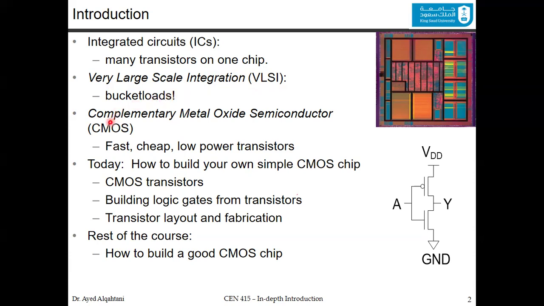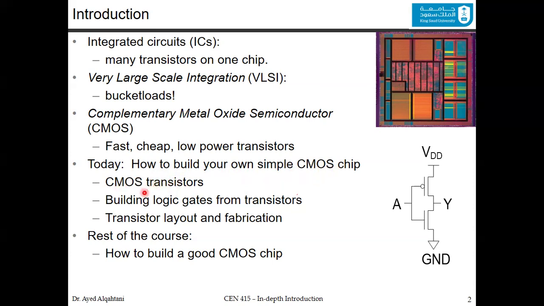We will also talk about complementary metal oxide semiconductors, or CMOS, because it's fast, cheap, and it has low power consumption properties. We will also focus on how to build your own simple CMOS chip using CMOS transistors.